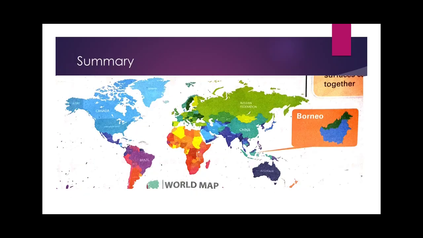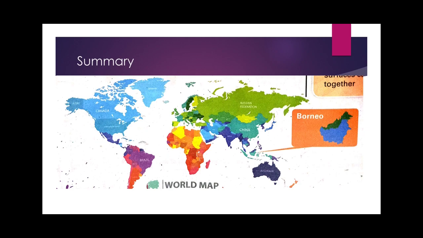So, students, this story is about a small island whose name is Borneo. Here you can see that I have inserted the picture of the world map, and here you can look at the Borneo island. It is an island of Asia, and it is one of the largest islands in Asia.